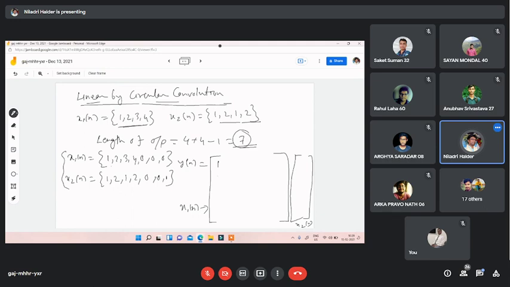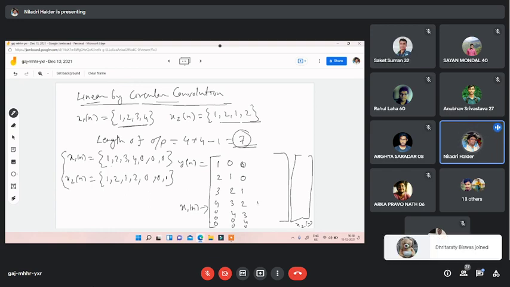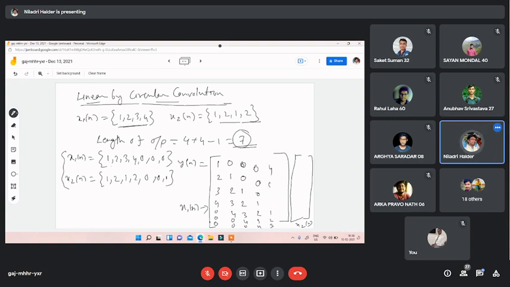Like that, simply fill up each row with 1, 2, 3, 4, 0, 0, 0, circularly shifted.